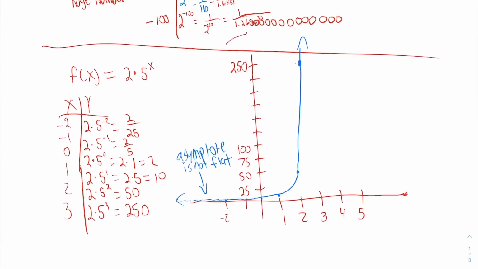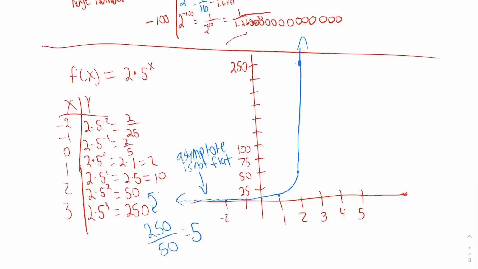And what do I mean by that? Well, let's compare this. Let's compare 250 to 50. How many times bigger is 250 than 50? Well, 250 divided by 50 is going to fit in there 5 times.